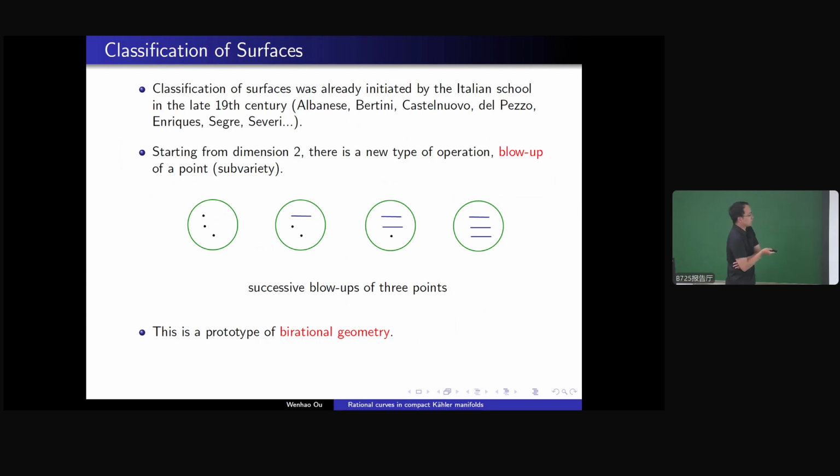This is the prototype of birational geometry. We say that these four surfaces are birationally equivalent because outside some subvarieties of smaller dimension, they are the same. So they are roughly the same on large open subsets, and they are called birational.